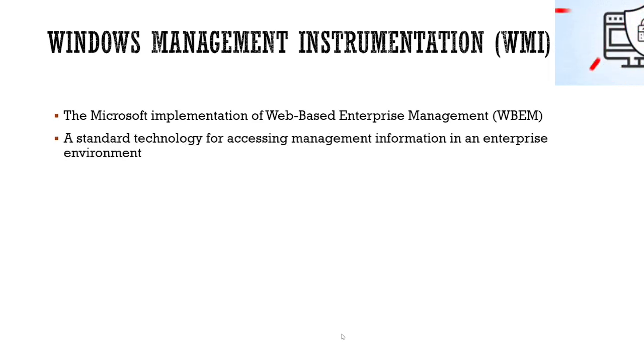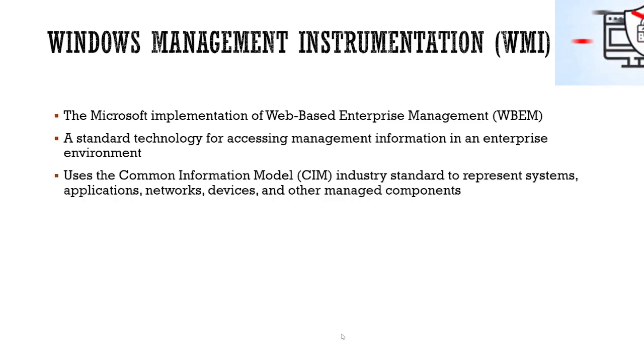This is a standard technology for accessing management information for all sorts of things in your enterprise. It is based on the Common Information Model, the CIM. This is a standard for representing systems, apps, networks, devices, whatever you care to manage.